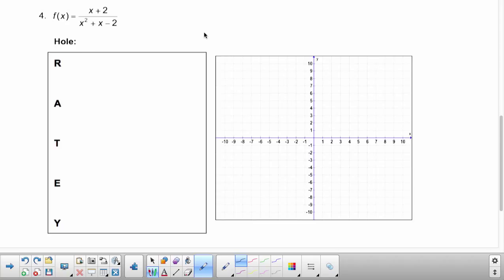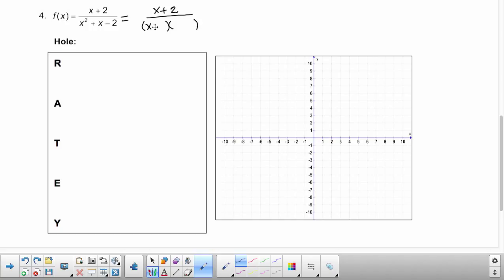With number 4, again, I start at my first step, which is to factor. I'm fully factored in my numerator, so I'll just copy that down. Then in my denominator, I think to myself, what can multiply to give me -2 and add to a +1?